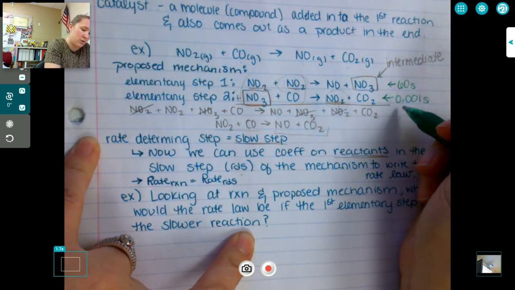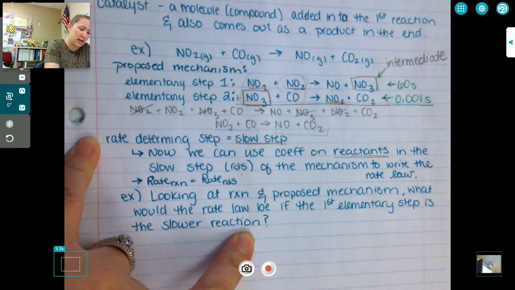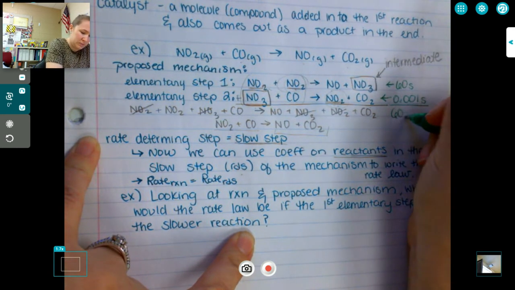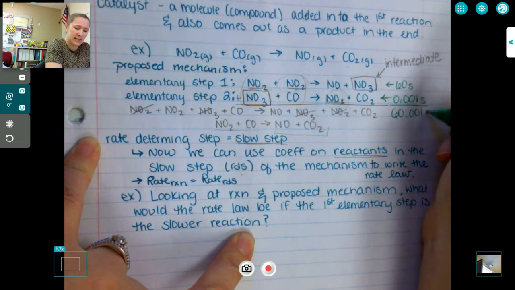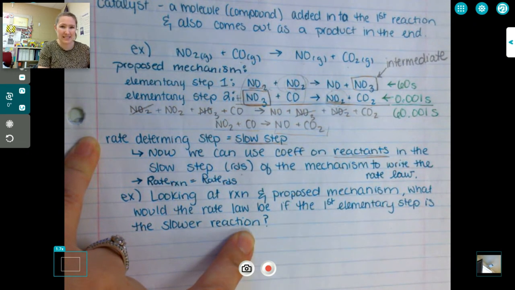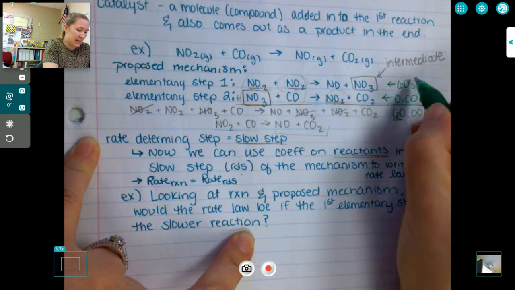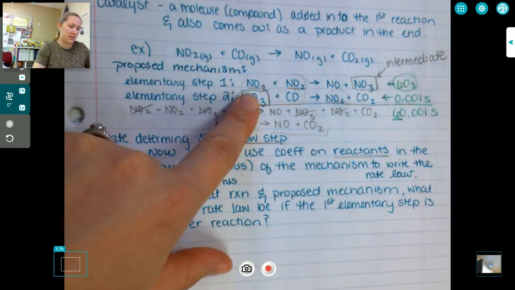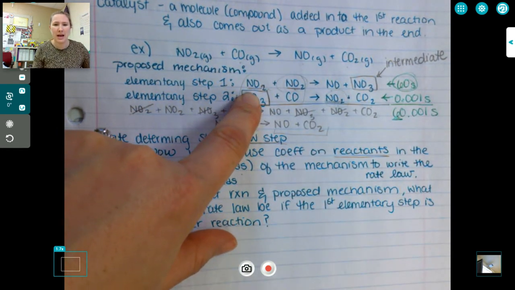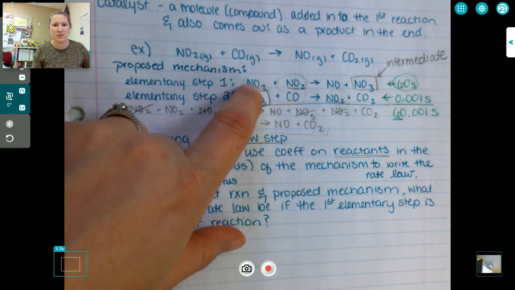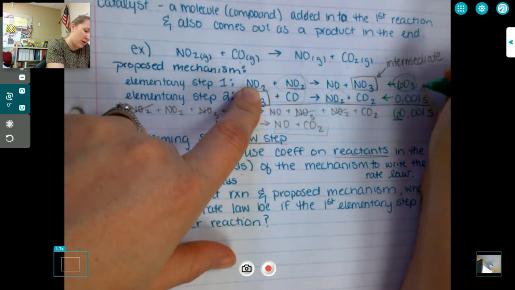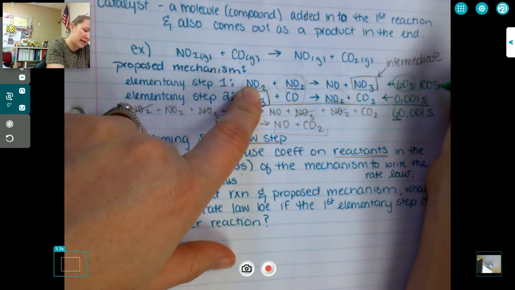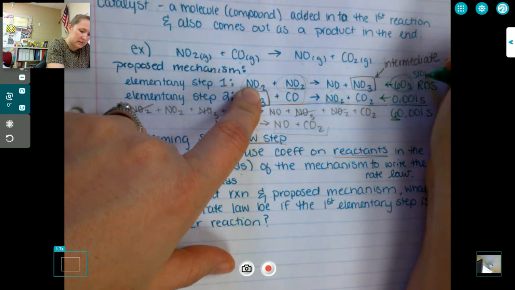Well, if I want to know the overall amount of time that my reaction took, well, 60.001 seconds, which is basically 60 seconds. So that means that this reaction here is essentially determining how fast my reaction goes. So that means that this reaction is my rate determining step or my slow step.